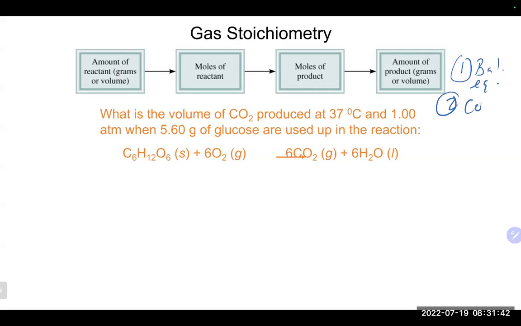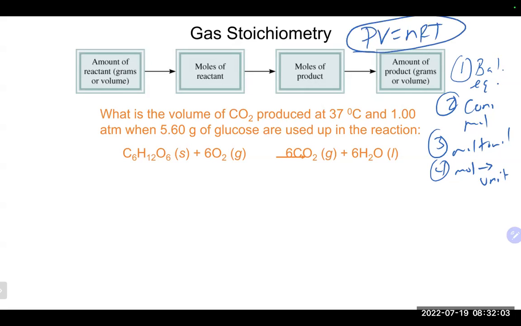We want to convert to moles. We want to do our mole to mole relationship, and then obviously go from moles to some other unit like normal. The main difference in a gas stoichiometry problem is somewhere along the way, you basically use the ideal gas law, is usually what happens.